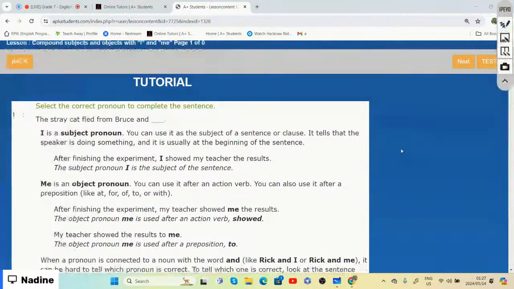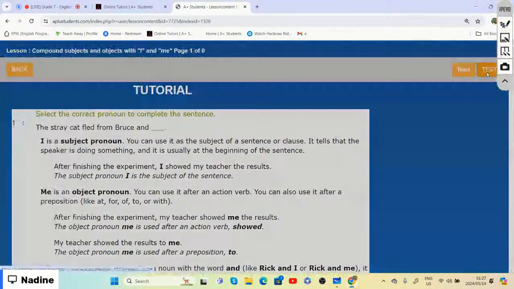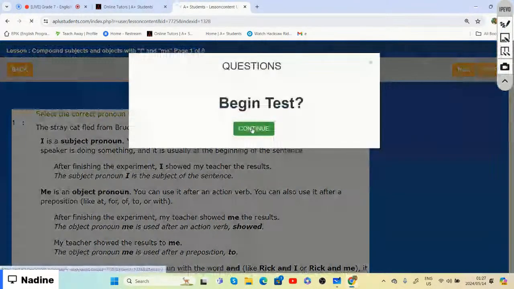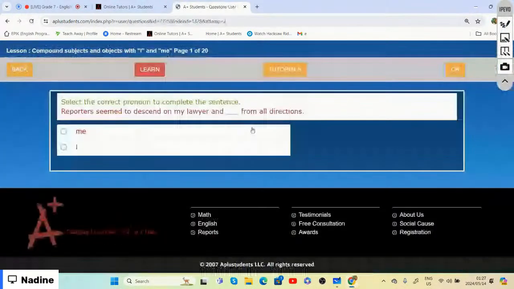All right, let us go to our test where we are going to select the correct pronoun to complete the sentence. So we're either going to select the object pronoun me or the subject pronoun I in order to complete these sentences.